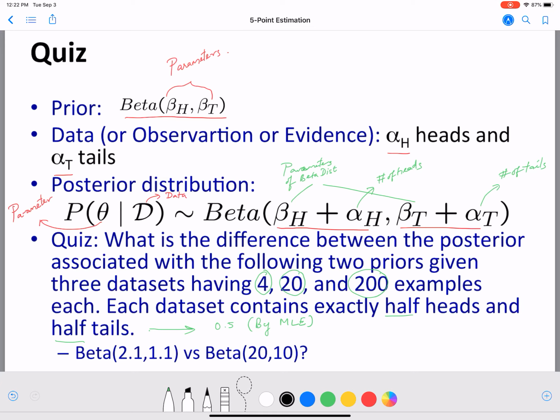So we want to see how these two prior distributions affect this data set. We know that by just using maximum likelihood, our parameter estimation value is 0.5. So now we are going to see how these priors are going to affect this value and which of these priors would have a greater effect on this value.